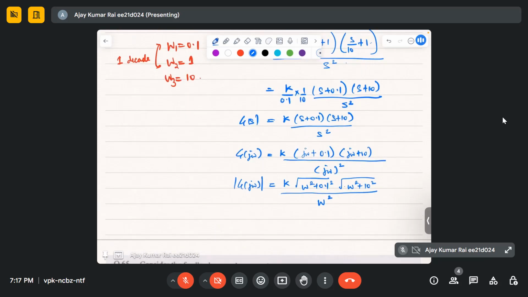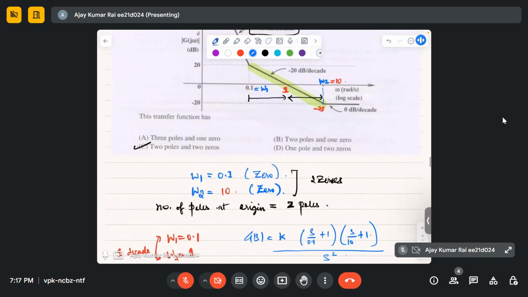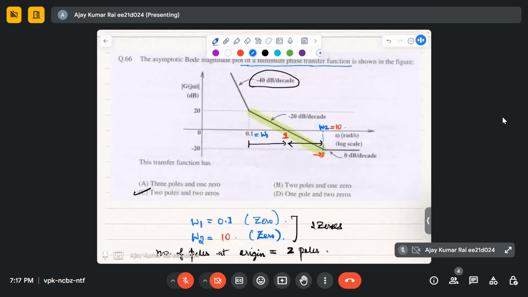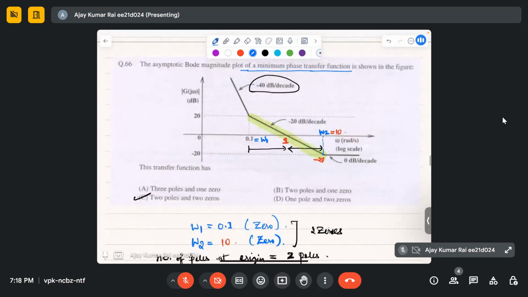Also, what other information we have is at different frequencies, like omega equal to 1 or omega equal to 2, we also know the magnitude, right? We can just equate that. Let's suppose at omega equal to 1, we know the magnitude is equal to 0 dB.